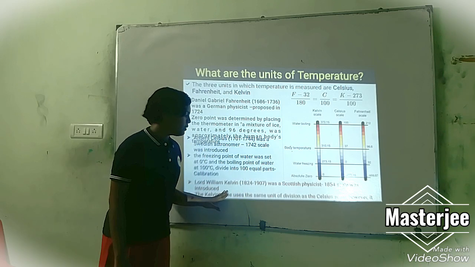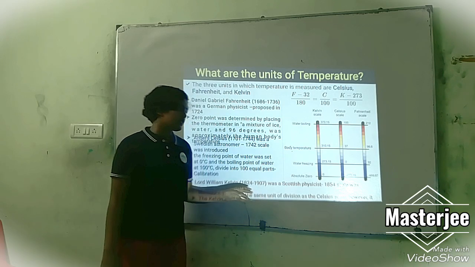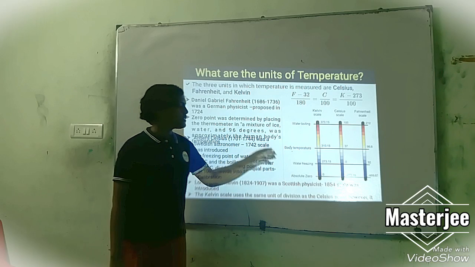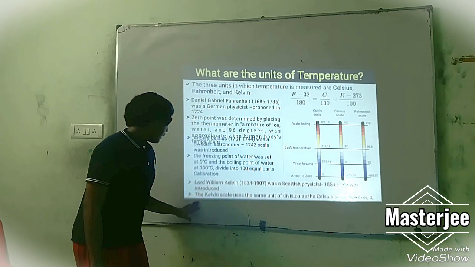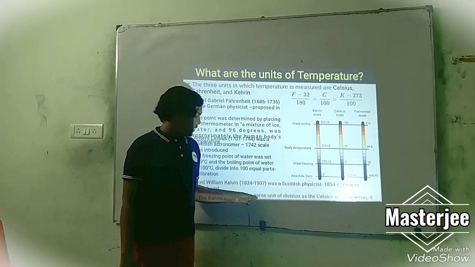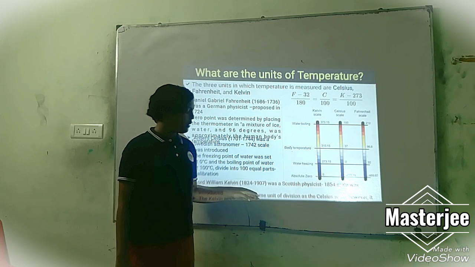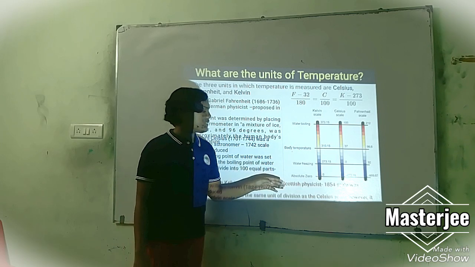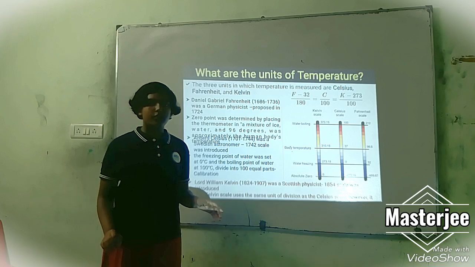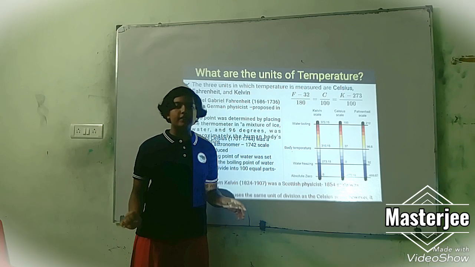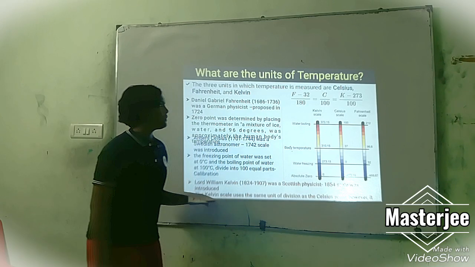Lord William Kelvin was a Scottish physicist. He introduced the Kelvin scale in 1854, and the Kelvin scale uses the same unit of divisions as the Celsius scale. However, it has an absolute 0 point of minus 273.15 degrees Celsius.